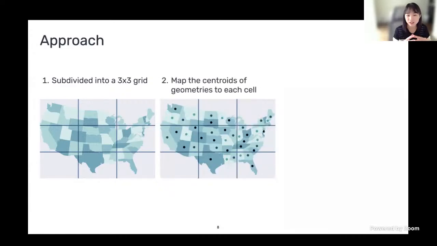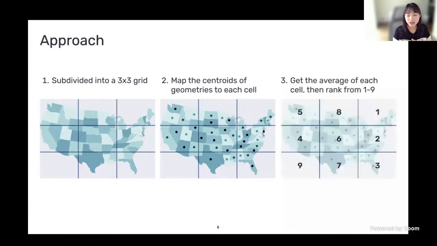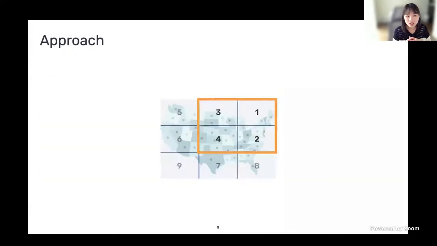For each polygon in our data set, we compute the centroid and assign it to a corresponding grid cell. Within each cell, we aggregate data values and calculate the mean. We then rank the cells based on their mean values, where 1 represents the cell with the highest mean and 9 the lowest. So to simplify, we group cells based on value similarity and spatial adjacency.